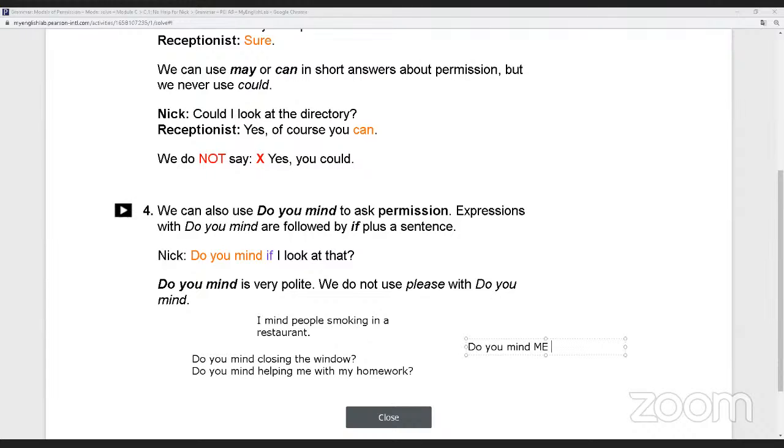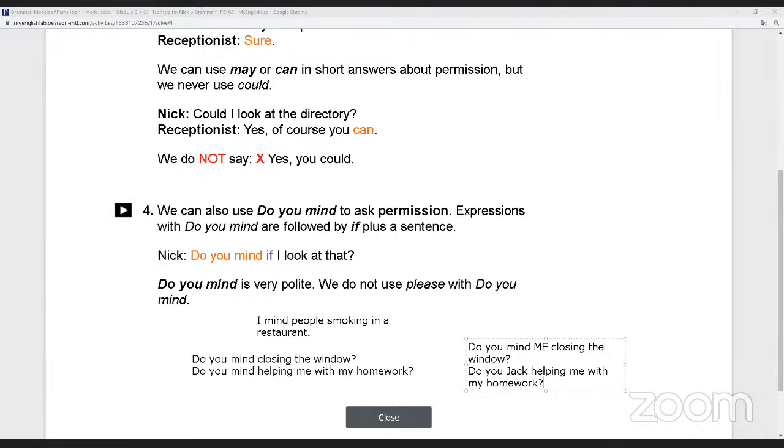Okay, look at this part. Do you mind me closing? Do you mind closing the window? I can also use a personal noun. Do you mind, Jack, helping me with my homework?